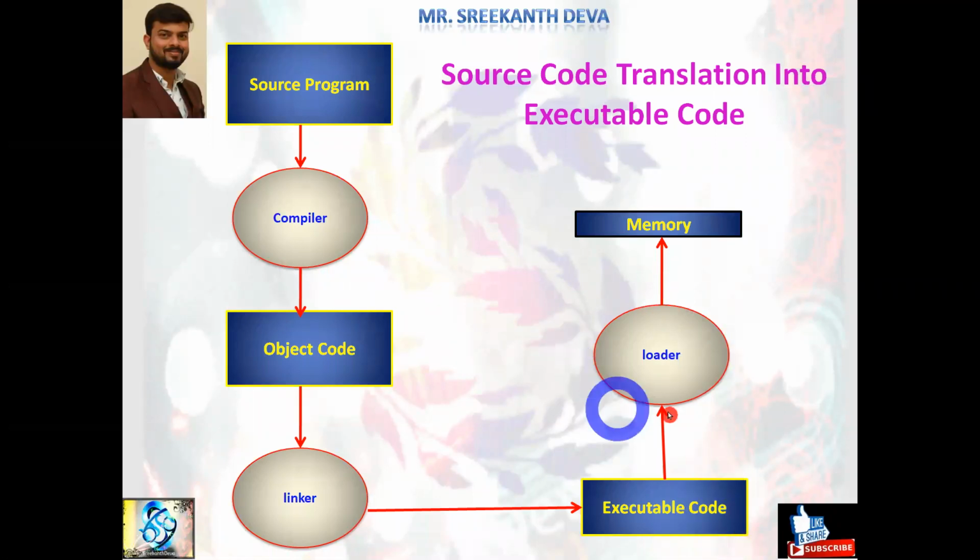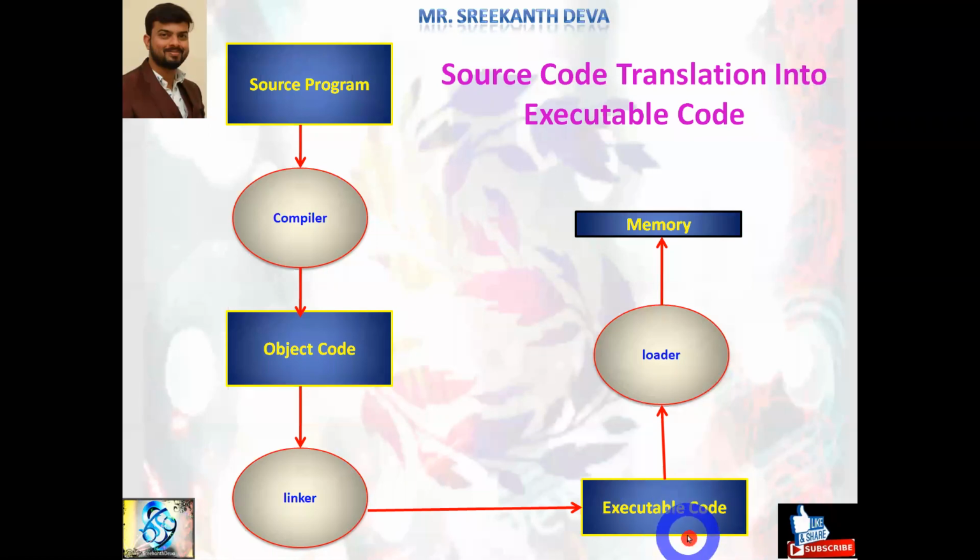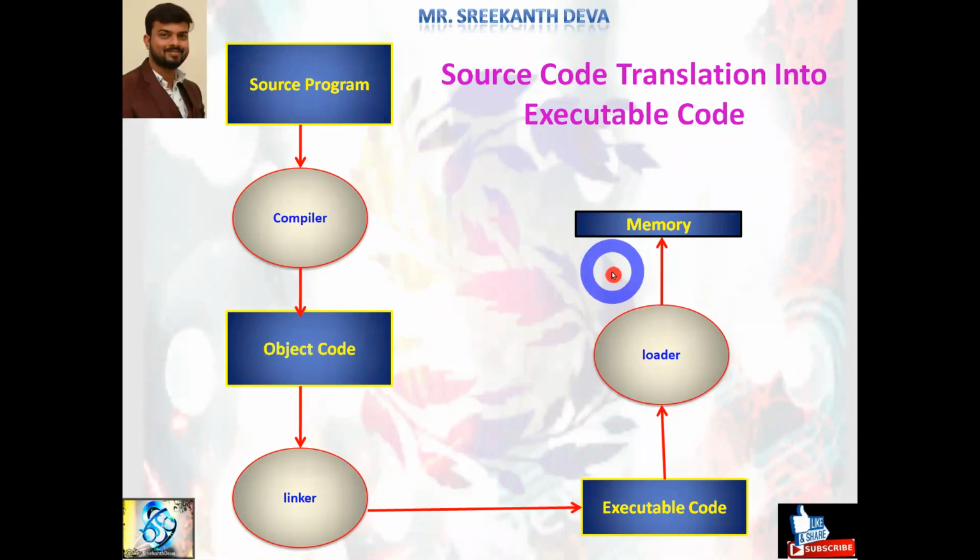That is done by what? System software called the loader. The loader is responsible to load this executable code from the secondary memory like the hard disk to the main memory, that is, primary memory, RAM. That is done by what? Loader. Then once the CPU identifies those instructions in the main memory and starts executing them, we may get what? Output. Okay, that's it.